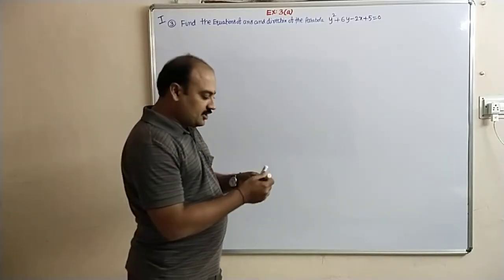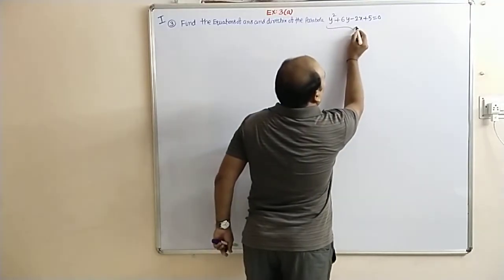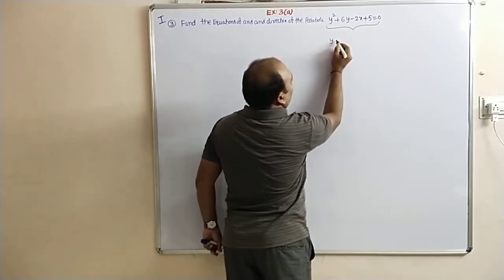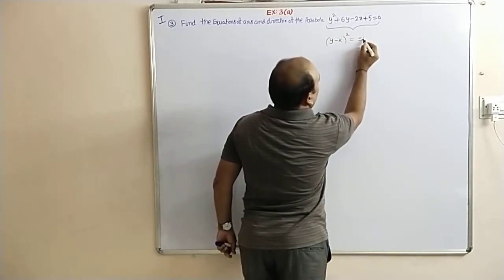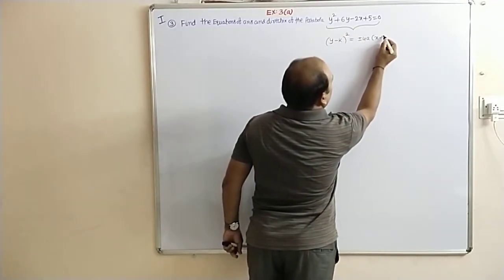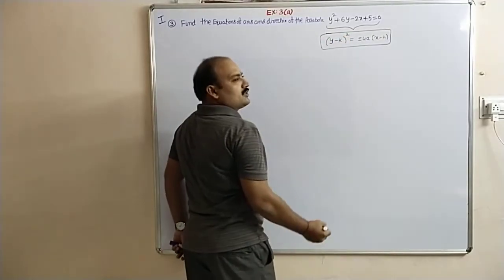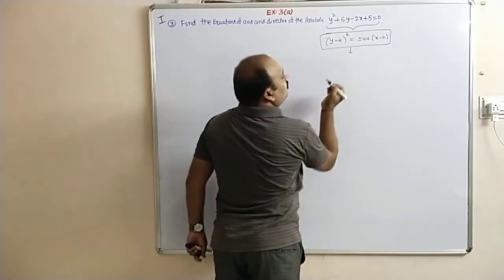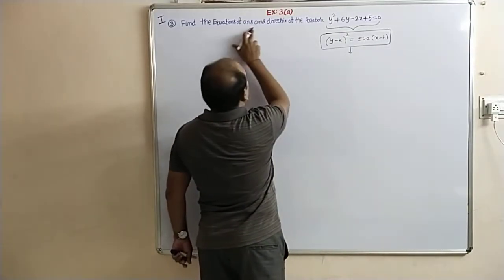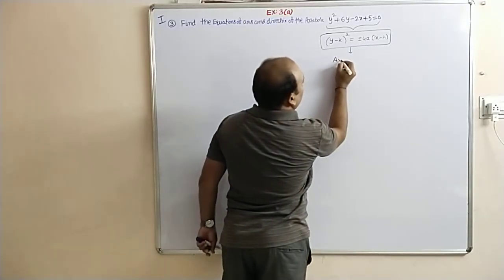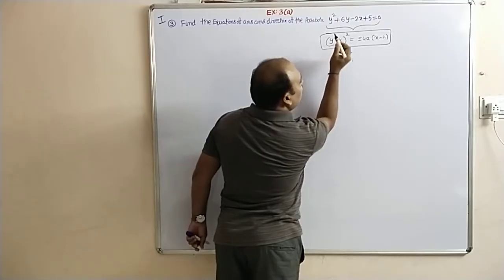So the given equation of parabola can be reduced into y minus k whole square equal to plus or minus 4a into x minus h. For this type of parabolas, focus. So they are asking equations of axis. Axis is equation of axis. Whatever here it is, that is called axis.